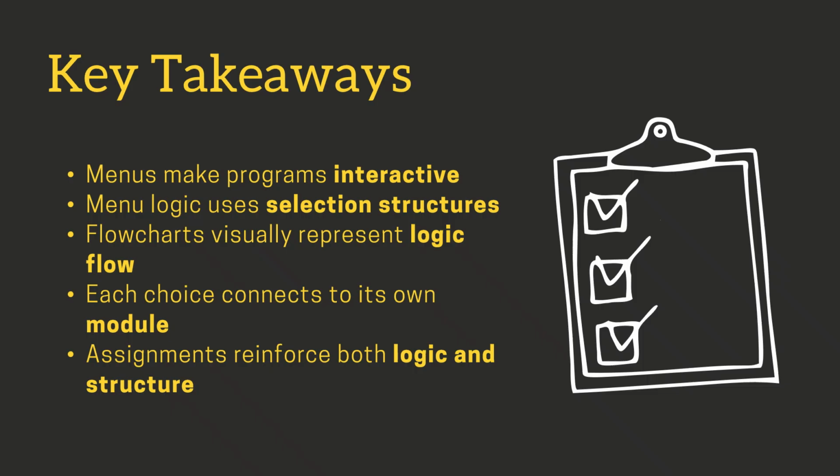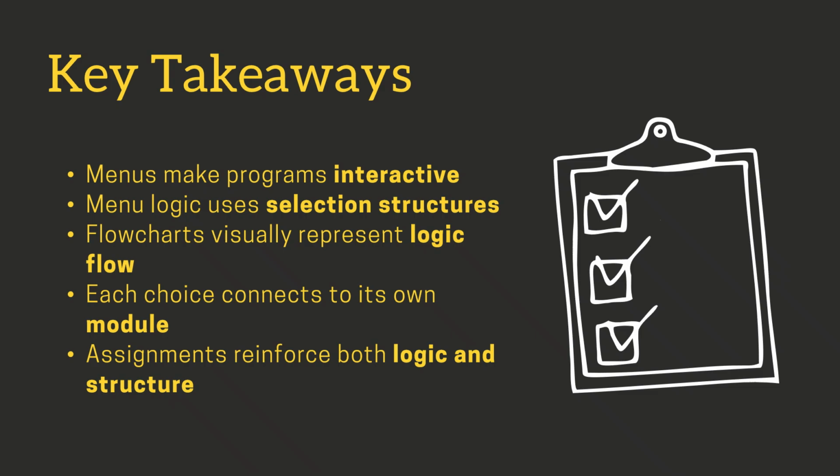Now let's summarize what we've covered today. Menu-driven programs use menus to guide users' choices. They use selection logic, like if, else, or case logic, to branch into different modules. Flowcharts visually represent these structures using standard symbols like the ones I've shown you.